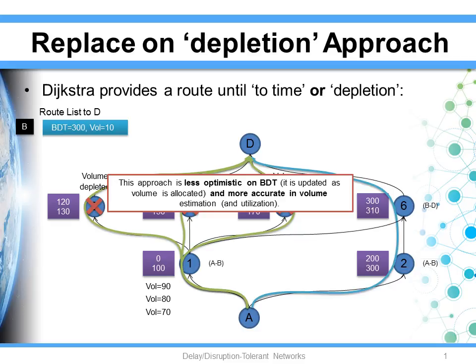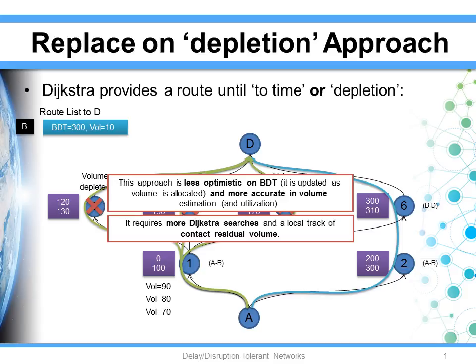So as we overbook contacts, we will need to use others, and these other contacts will eventually have a higher best delivery time. So this is less optimistic than the previous approach. To some extent, it could be more realistic, and it's also more accurate in the volume estimation, as we see, because we calculate every path as required by the forwarding stage.